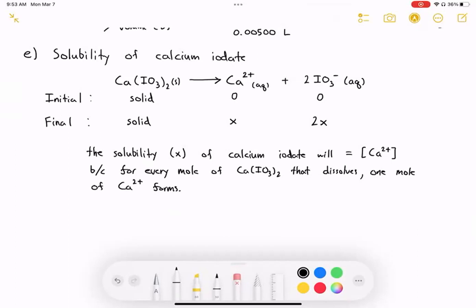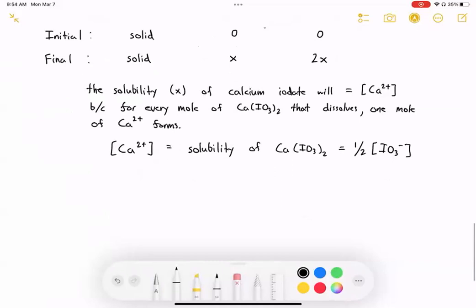So we should say the calcium 2 plus concentration equals the solubility equals solubility of calcium iodate, and that will equal 1/2 the concentration of IO3 minus.